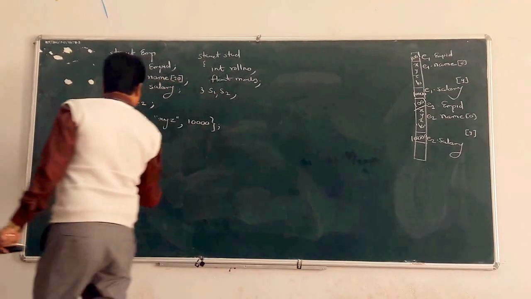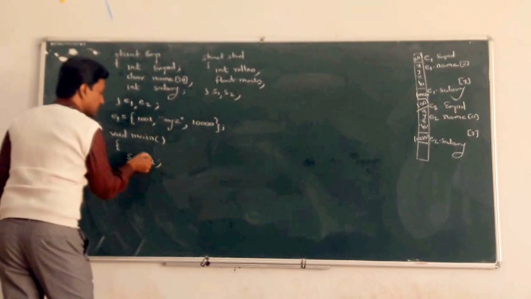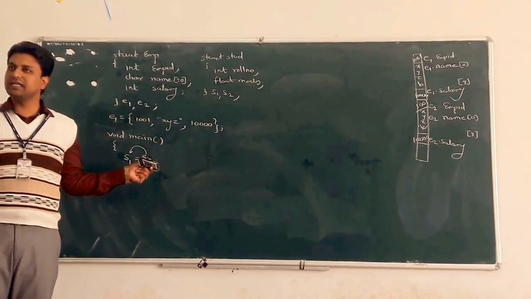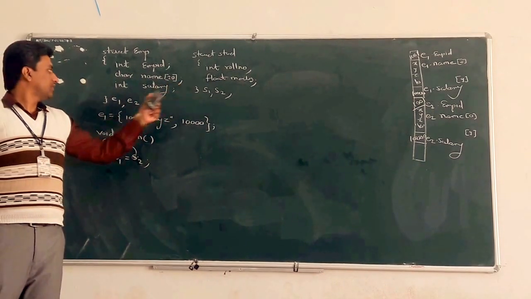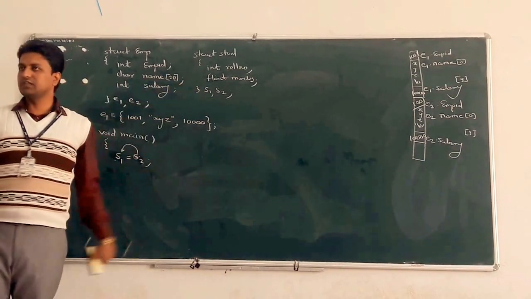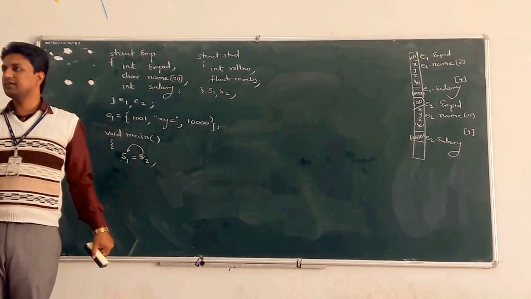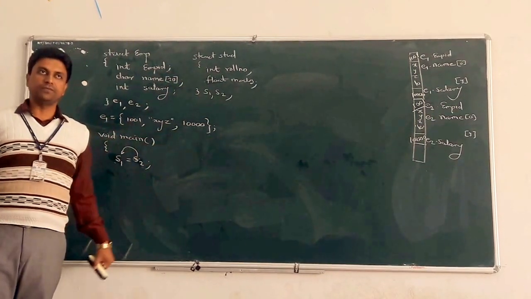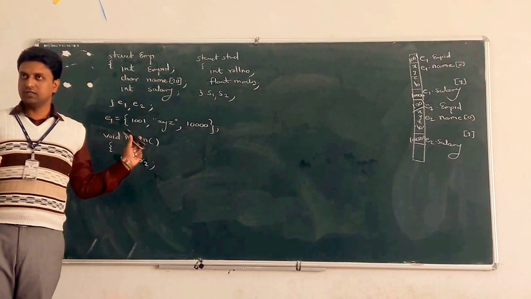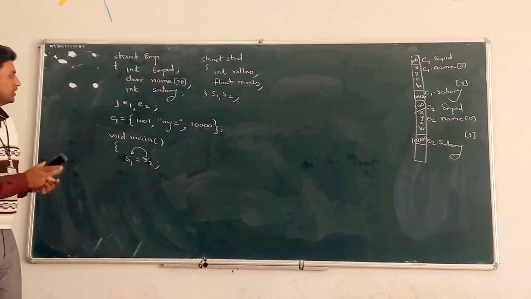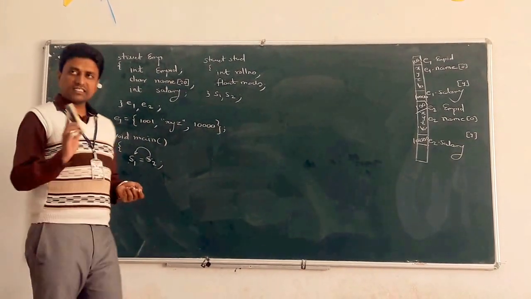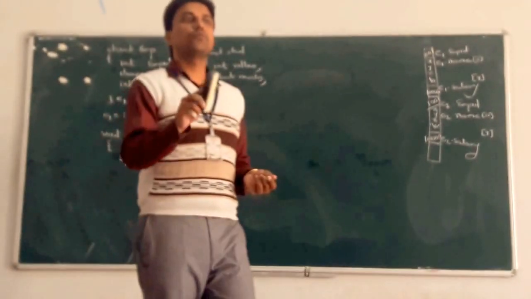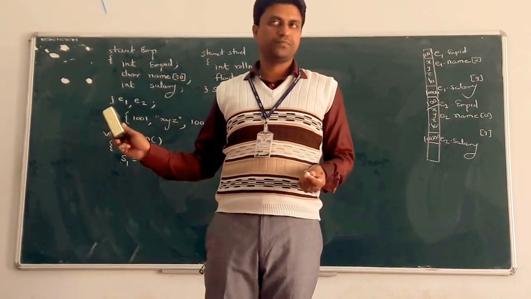That means S2 we can assign to S1, and it does not give any syntactical error. But we cannot assign E1 to S1. It gives a syntactical error because both have different types, struct stud and struct EMP. Understood? So this is the main point: we can assign one structure variable to another only and only if both have the same type.